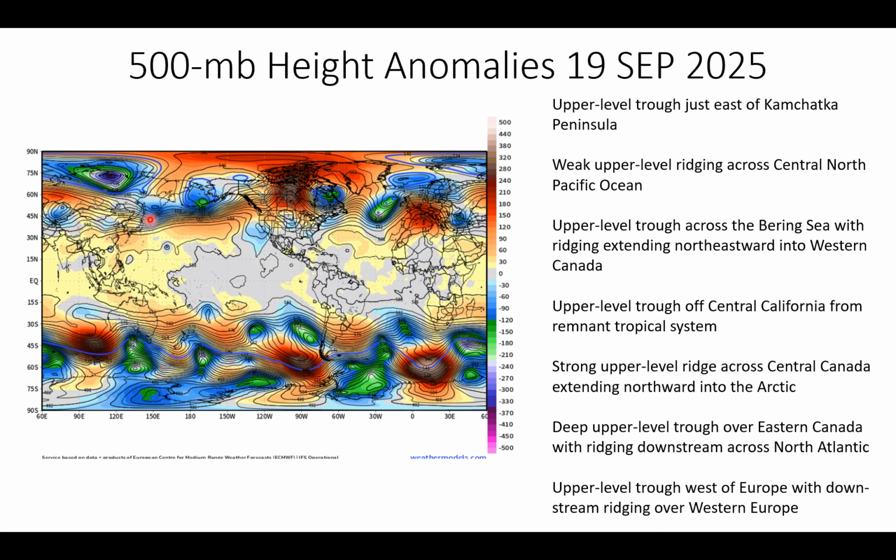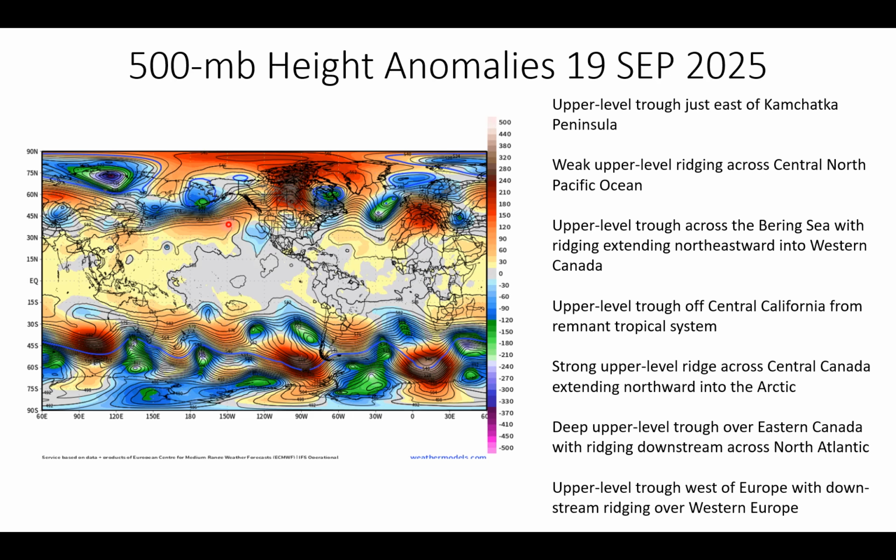We see weak upper level ridging, generally located here across the central North Pacific Ocean. We do have an upper level trough north of this upper level ridging. So we have an upper level low and troughing above or to the north of this ridging across the Pacific Ocean. So the trough is generally centered across the Bering Sea.